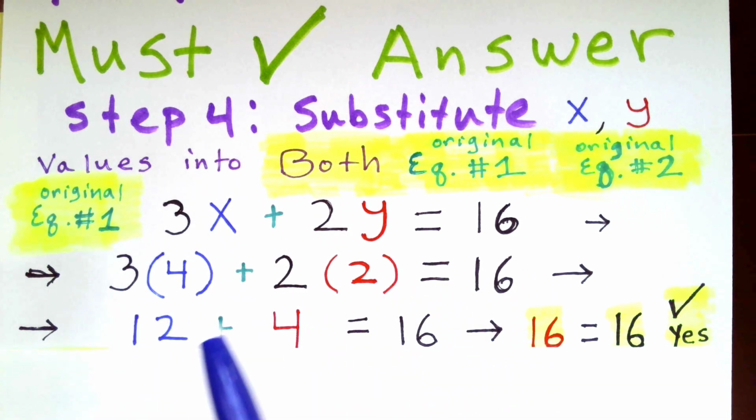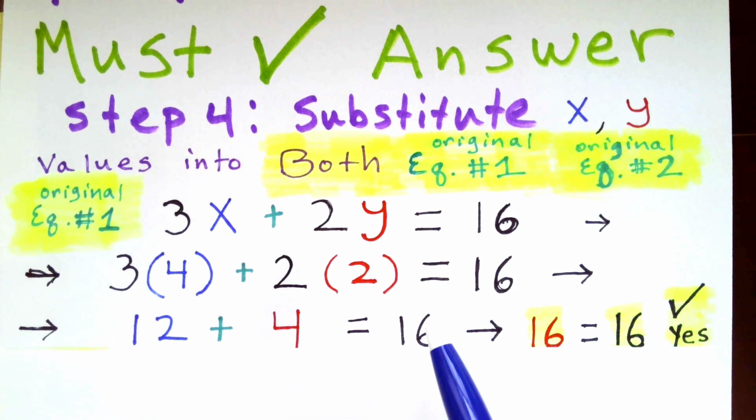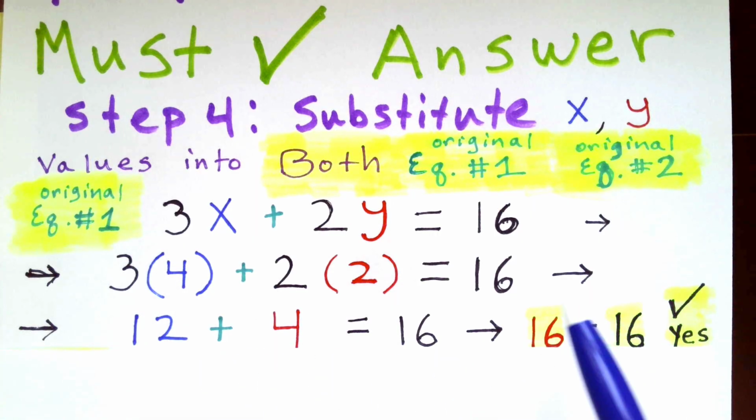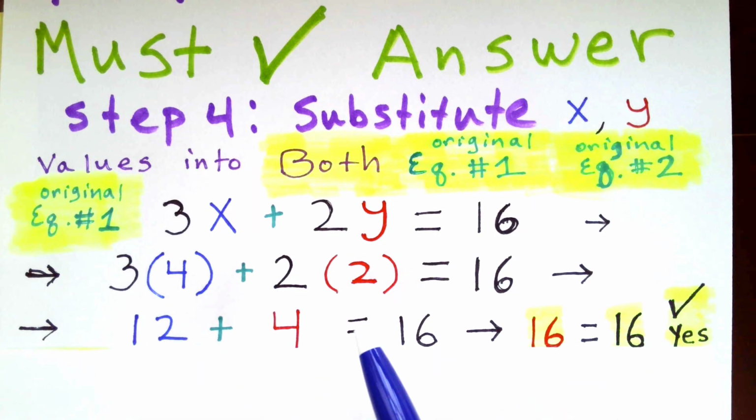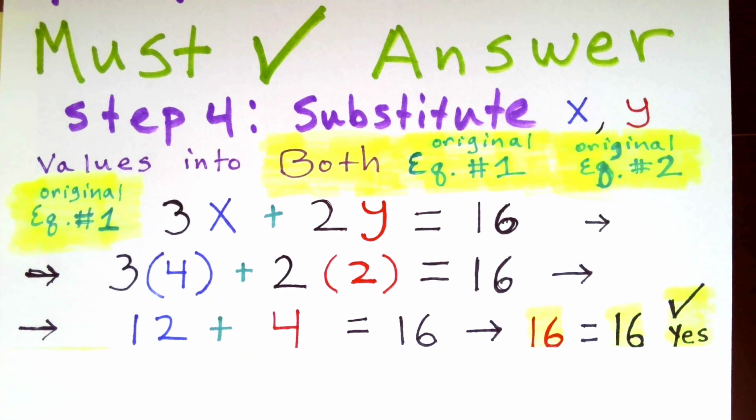Yes. 3 times 4 is 12, plus 2 times 2 is 4, equals 16. What's 12 plus 4? That is 16. Does 16 equal 16? Yes, this answer checks out. So far, x equals 4 and y equals 2. Now let's substitute it into equation number 2.